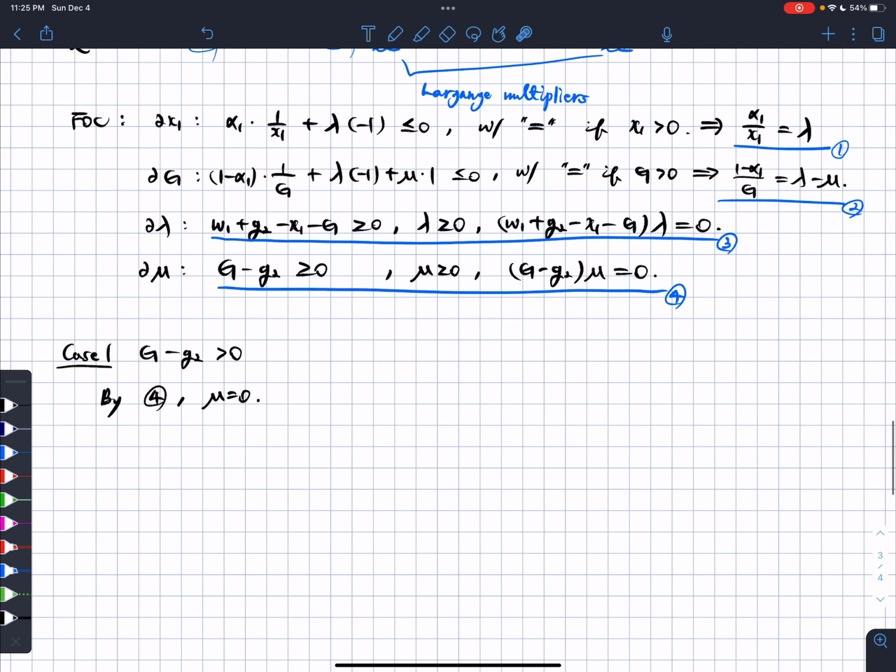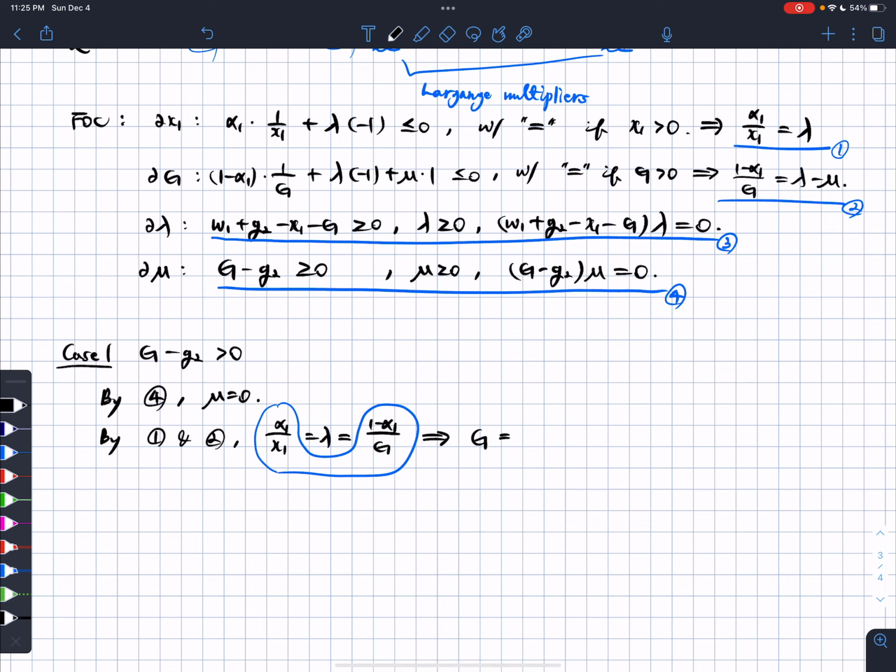Okay. So anyway, combining all of these. First of all, by 1 and 2, what we have is alpha 1 over x1 equal to lambda equal to 1 over big G times (1 minus alpha 1). And then I can use the fact that these two guys have now been equated, right? Solving this for big G, I have big G equal to this much.